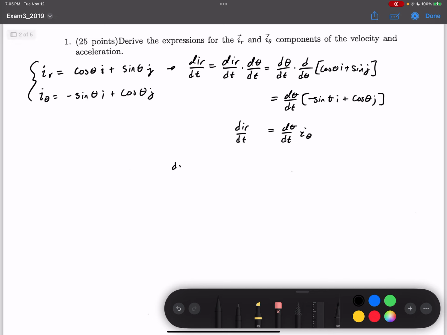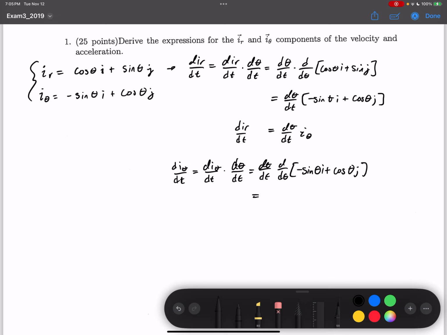Now for di_theta/dt, we're going to have d theta/dt times the derivative with respect to theta, which is negative sine theta plus cosine theta j.